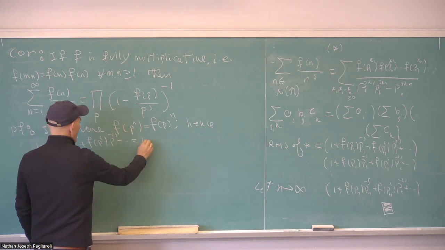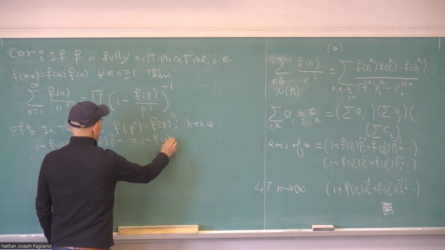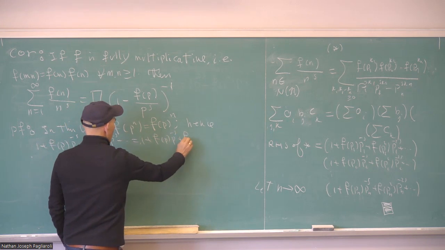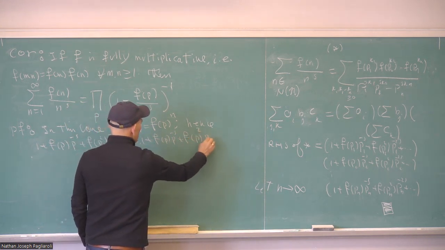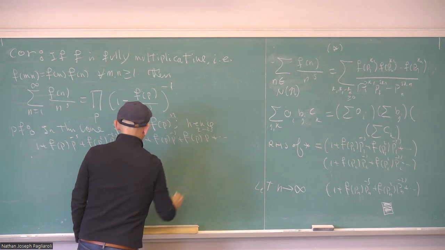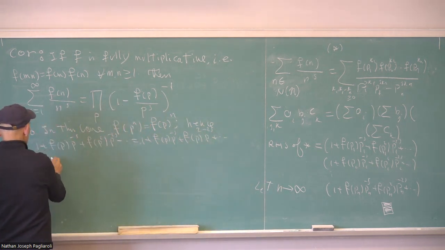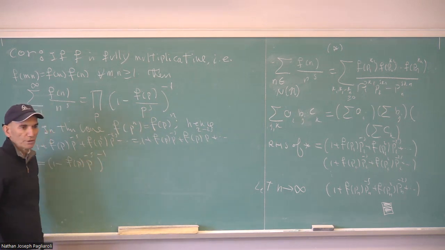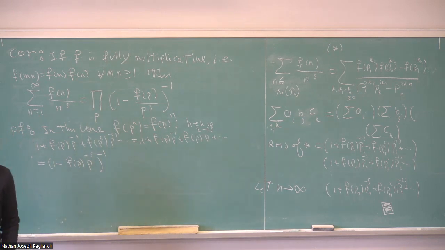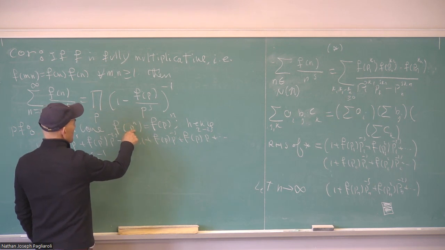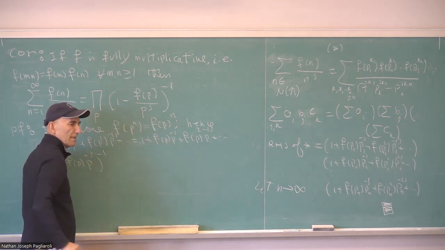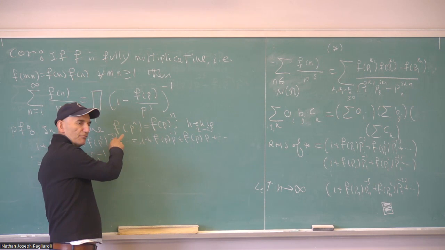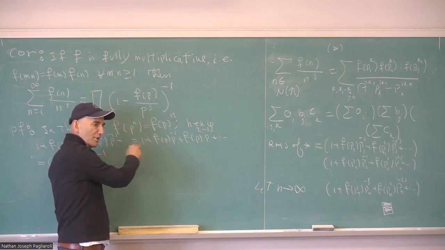You can just write it as 1 plus f of p to the minus s, plus f of p squared to the minus 2s, and so on. And by the geometric series, this is equal to 1 minus f of p to the minus s, to the power minus 1. So the point is that we didn't have only the multiplicative case. The fully multiplicative case, again, is the conclusion.